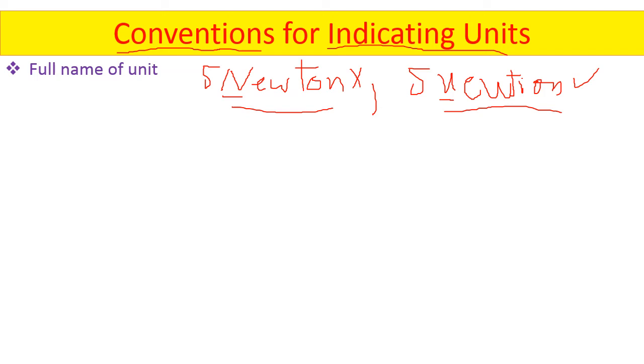If we write 5 Joule like this, and like this, then what will be correct?